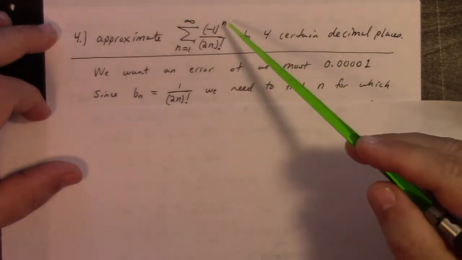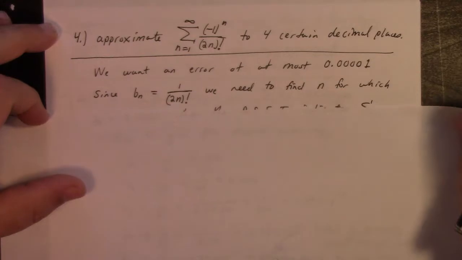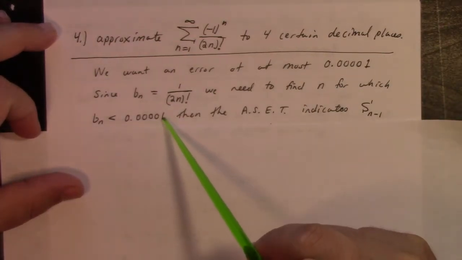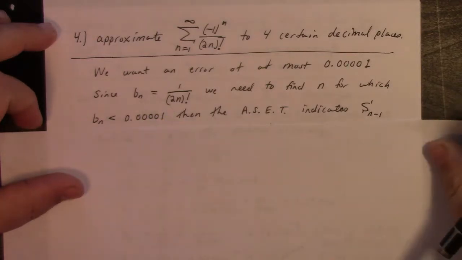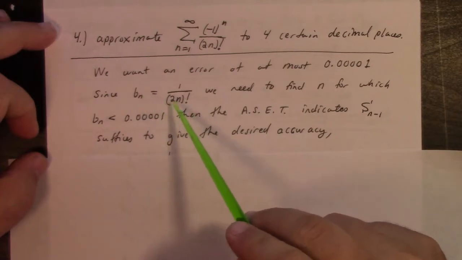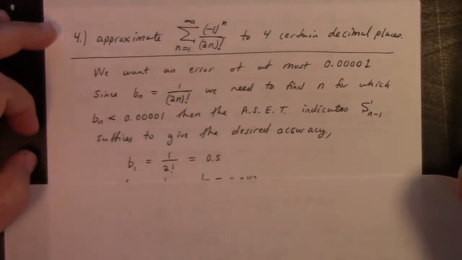So here the b_n are 1 over (2n) factorial, which you can check are positive and decreasing. And so we need that b_n is less than 0.00001, so that if we can solve the inequality here, that's what we need.